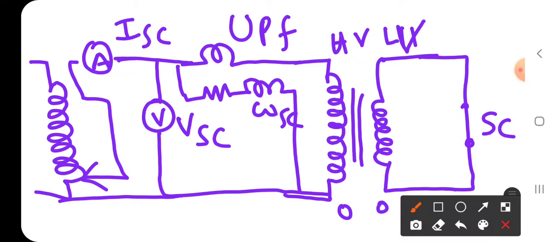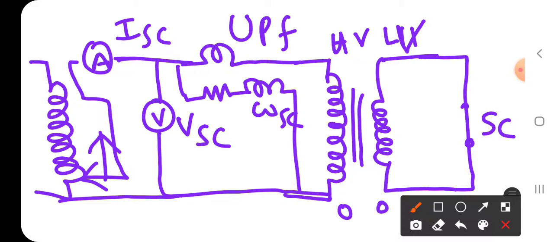First we need to connect the circuit as per the diagram. Second, by changing this auto transformer, you need to observe ISC. The value of ISC must be the rated current of the transformer.